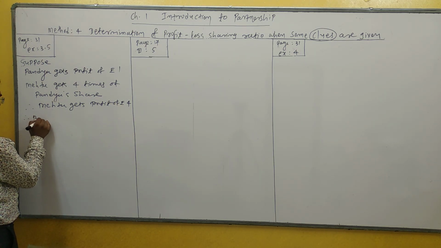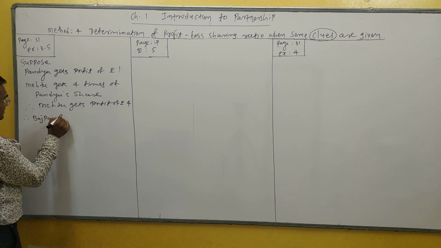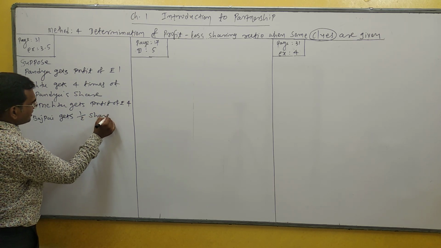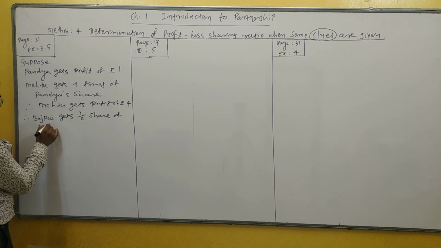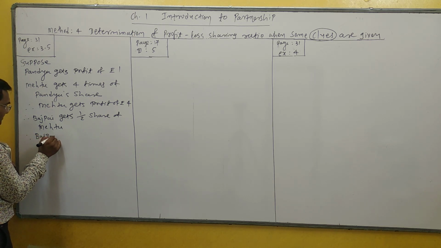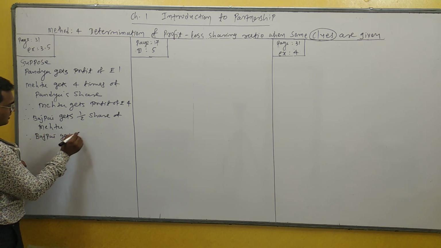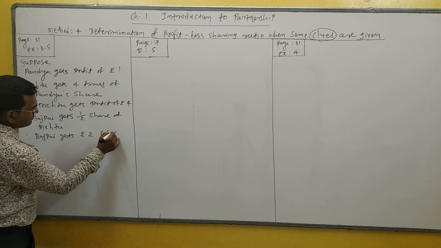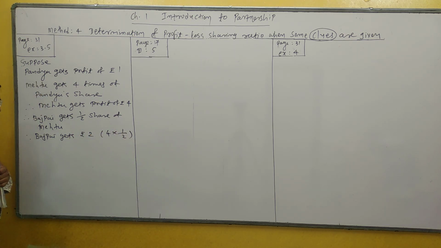Now Bajpai gets half share of Mehta. So Bajpai gets rupees 2. How to get 2? Half of 4. So what is the profit sharing ratio?